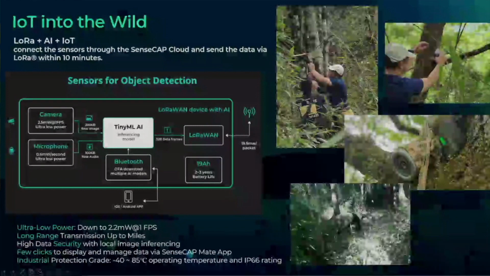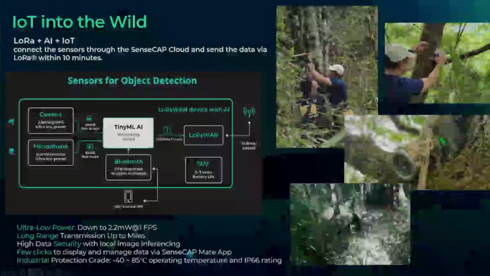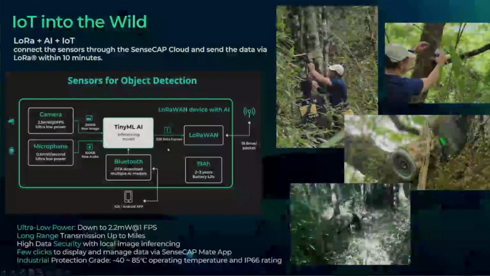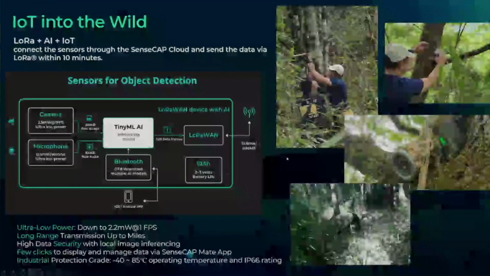We placed sensors in one of the jungles over there to detect pandas. Because the panda is an endangered species, we need to detect, count, and track them. You can see it can work for a very long time, like 2 to 3 years of battery life.